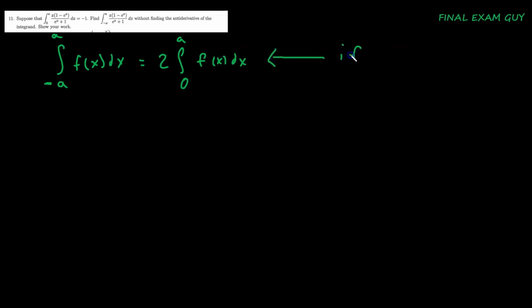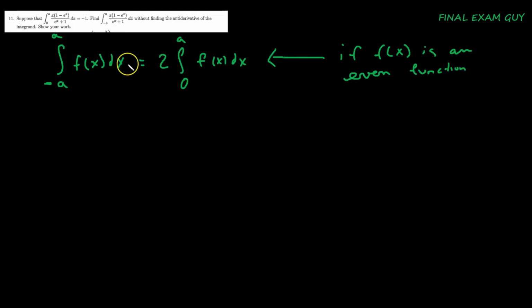that there's a formula where you have the integral from negative a to a of some function times dx equals 2 times the integral from 0 to a of f of x dx. This only applies if f of x is an even function.